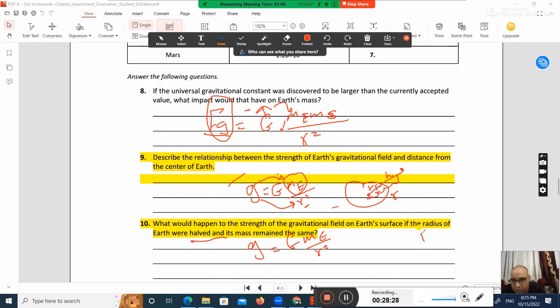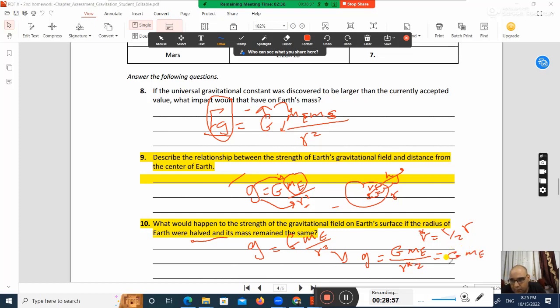This means the new R, I'm going to call it R star, equals half R, the old one. Substitute, the rule will be G M E over R star squared.